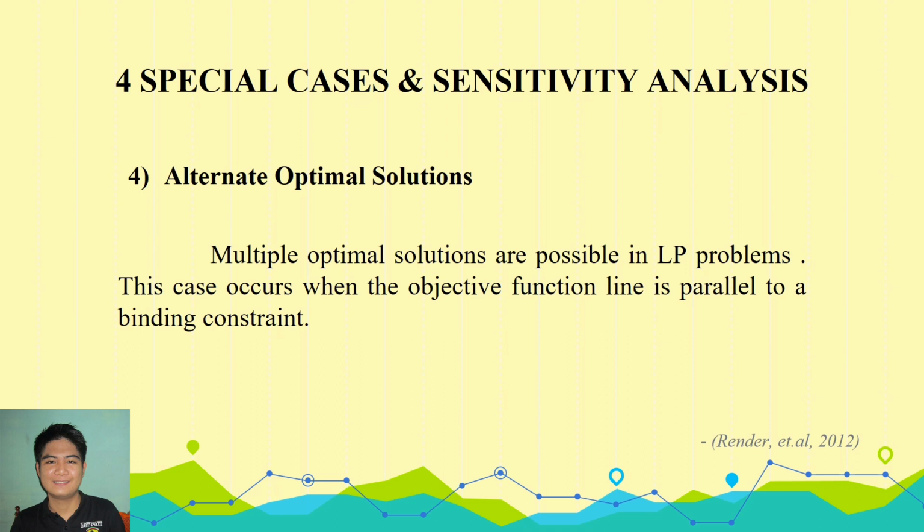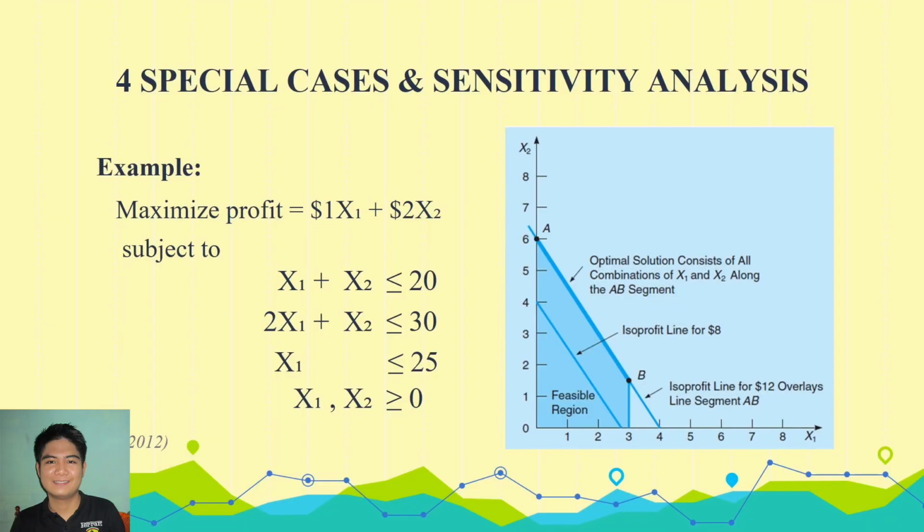In other words, it happens when they have the same slope. In this example, at the profit level of $12, the isoprofit line will rest directly on top of the first constraint line. This means that any point along the line between corner points 1 and 2 provides an optimal x1 and x2 combination.